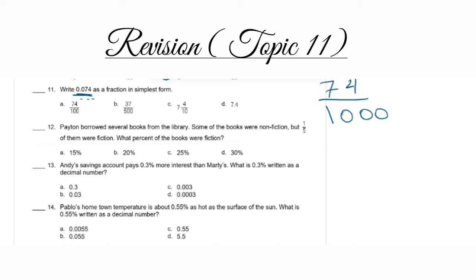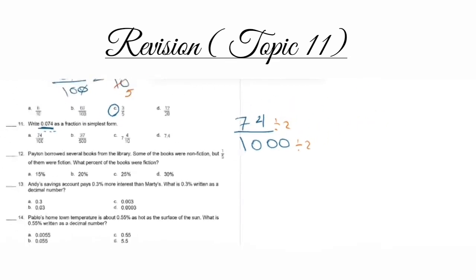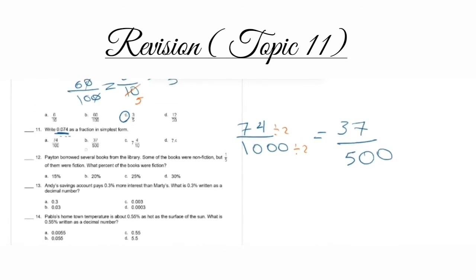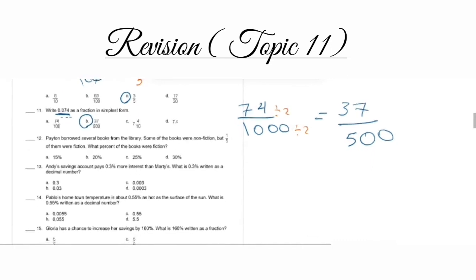So when we divide by 2, we will get here 37 over 500. So the answer is 37 over 500, which is B.